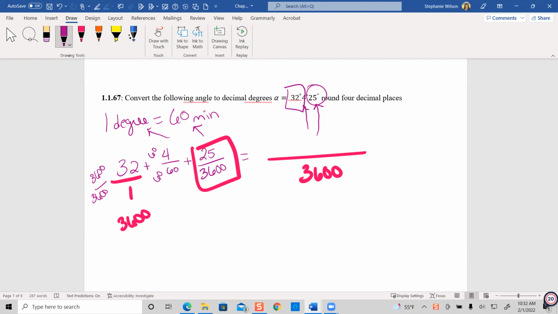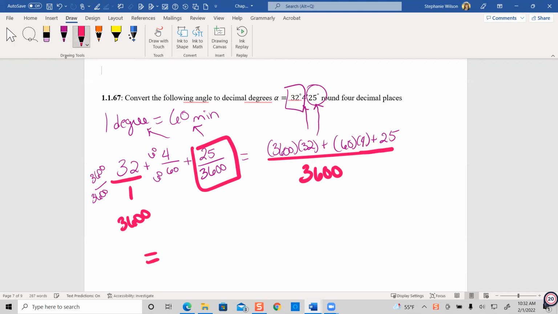So now I got 3,600 times 32 plus 60 times 4 plus 25. And I put it all over the same denominator just to clean it up a little bit.